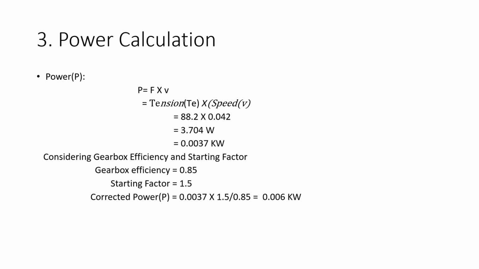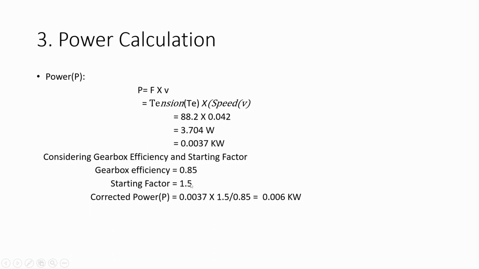So we will have to consider two factors. One is the gearbox efficiency, and another one is the starting factor. These two factors will help in calculating the total power requirement for the motor. So I am taking a gearbox efficiency typical value of 0.85, and the starting factor is 1.5.